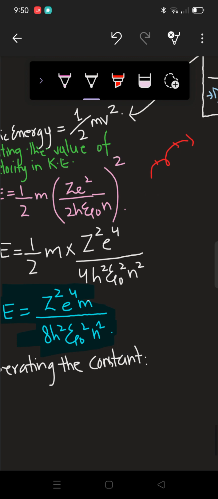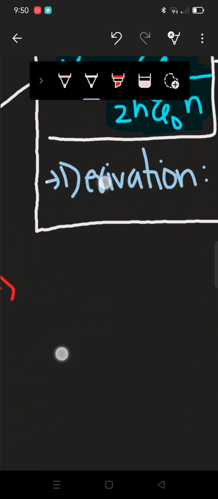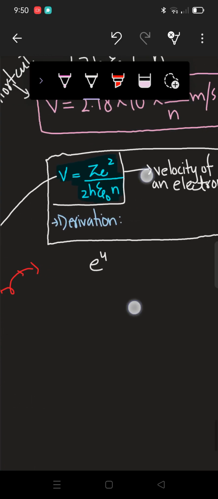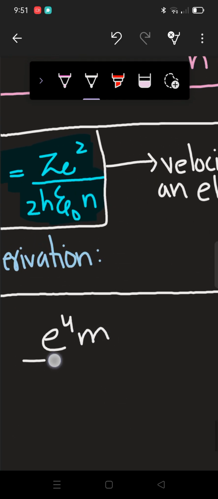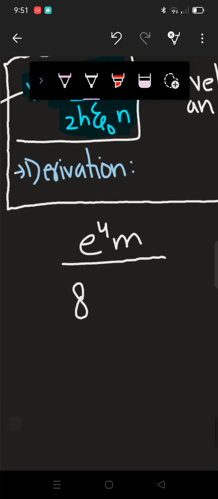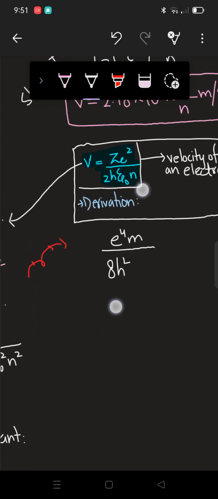Now we know that here z square is going to change, because the atomic number of every atom is not the same. For example, the hydrogen atomic number is 1, however the helium atomic number is 2. So z square is not a constant. However, the charge of an electron is constant, and the mass of an electron is constant. The 8 is constant, h square, Planck's constant, is constant, equal to 6.625 into 10 to the power minus 34 joules.